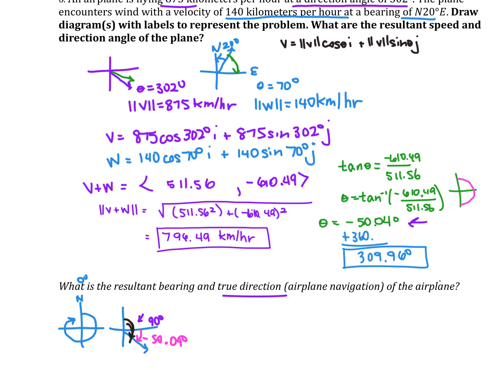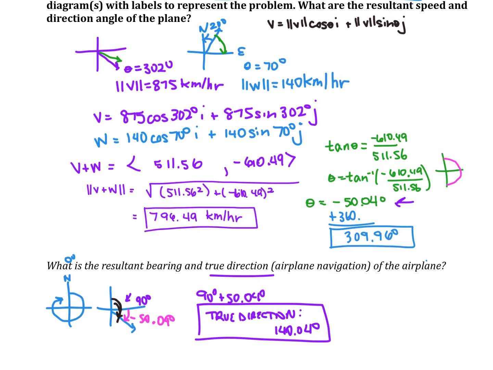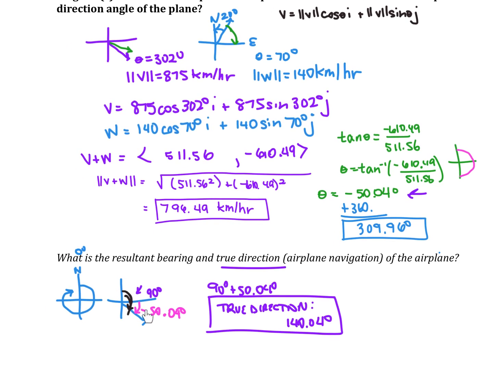So if I add those two together, 90 degrees plus 50.04 degrees, then we would get a true direction of 140.04 degrees.